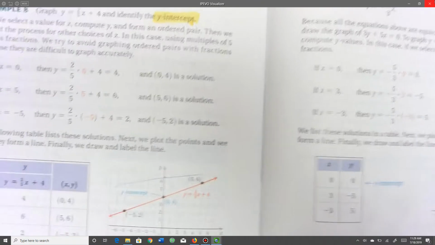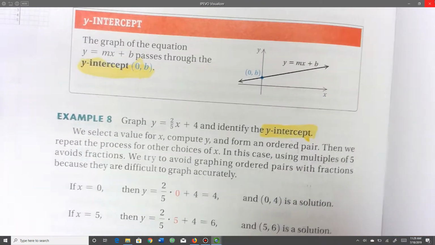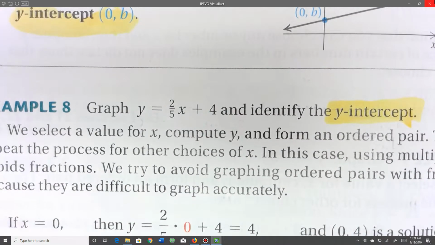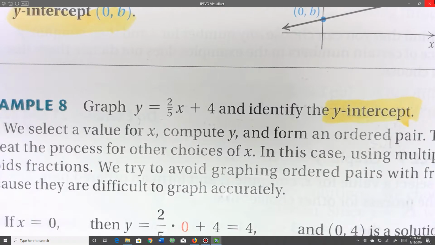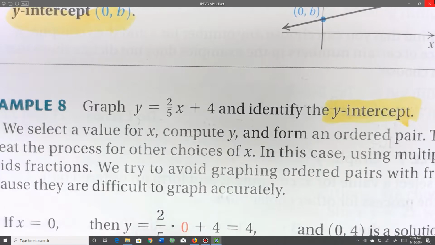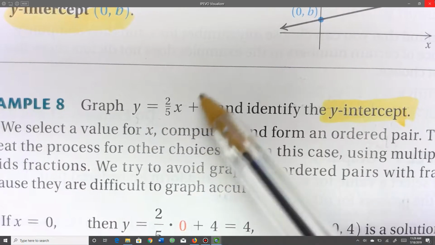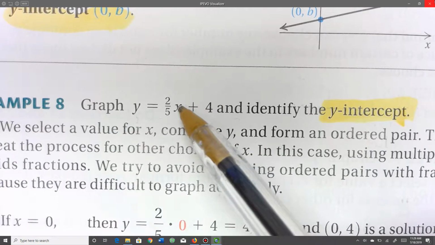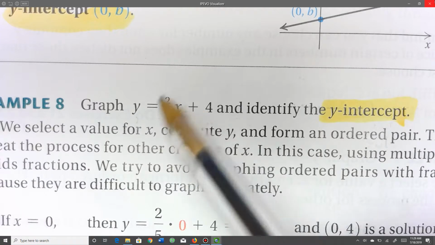Well, let me explain to you why, knowing that an ordered pair, the y-intercept is always going to have a value of x equals 0, because if I plug in 0 here for the x, that's going to be 0 times 2 over 5, that's 0.